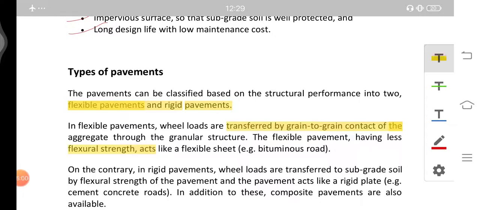Just keep it in mind, the flexural strength is less in flexible pavements, and the load is transferred by grain to grain. An example is a bituminous road.